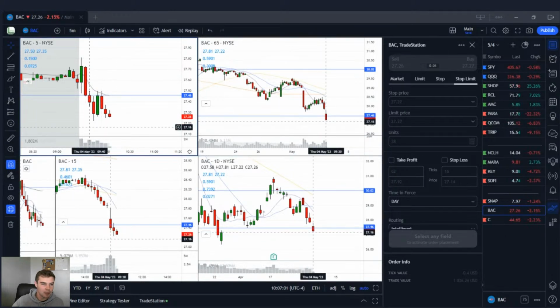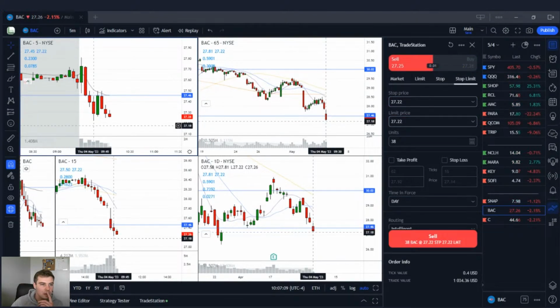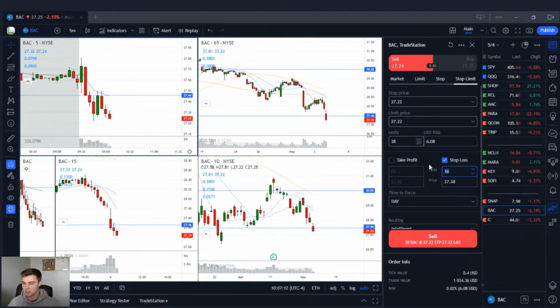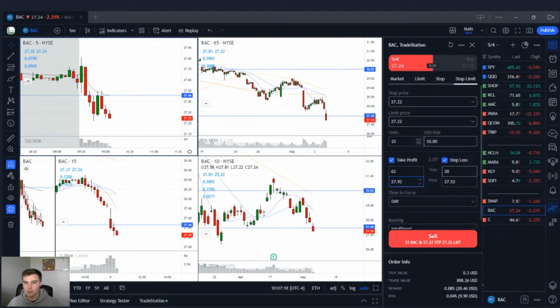And BAC is looking pretty solid here, guys. What would be a 30-cent stop, right? At 27.52, just roll that whole number. So we need 26.92. All right.